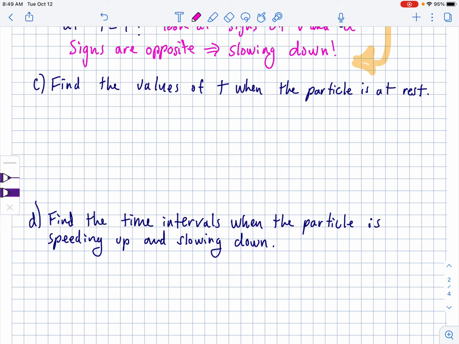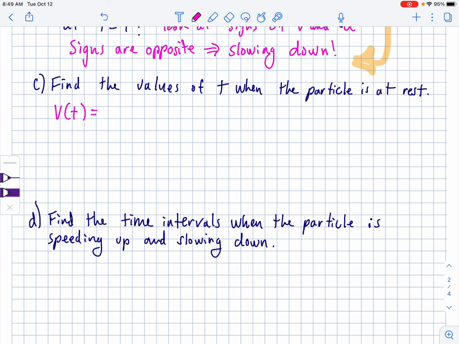Find the values of t when the particle is at rest. If you think of this particle moving back and forth left to right, it goes this way, then it turns around, and then it goes back this way, and then it turns around again. So anytime it's at rest is when your velocity is going to be equal to 0.